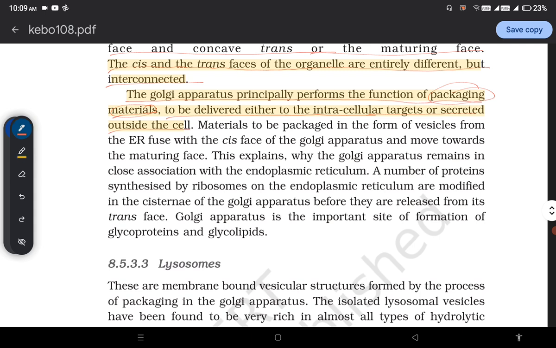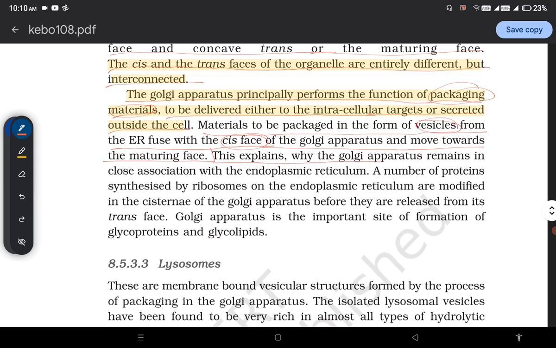ओके. Material to be packed in the form of vesicles from the ER fuses with the cis phase of the Golgi apparatus and moves toward the mature phase. एंडोप्लाज्मिक रेटिकुलम फ्यूज करता है कैसे, cis phase of the Golgi apparatus से और move करता है mature phase की तरफ.